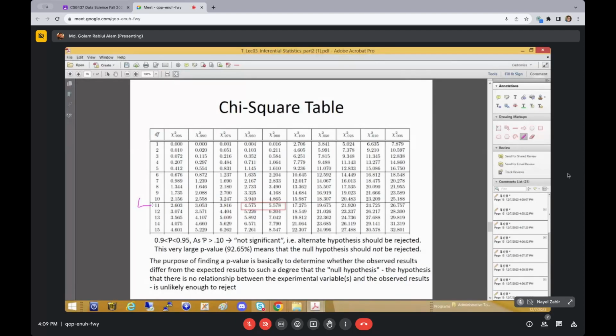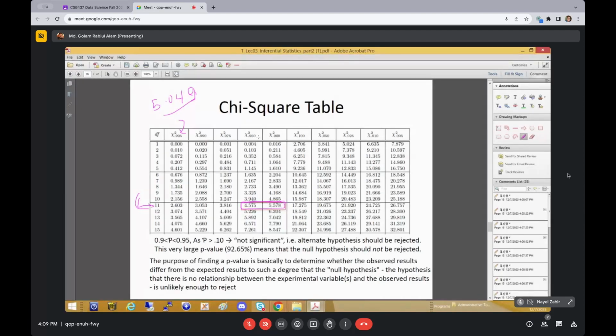From our chi-square table, the degrees of freedom here is 11, and then we need to find the p-value. Our chi-square statistic value is 5.049, so we have to find this value in this row. It will be between these two values, 4.575 and 5.578.